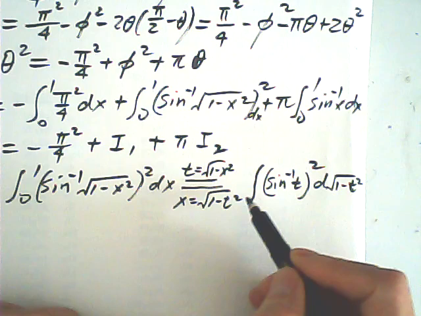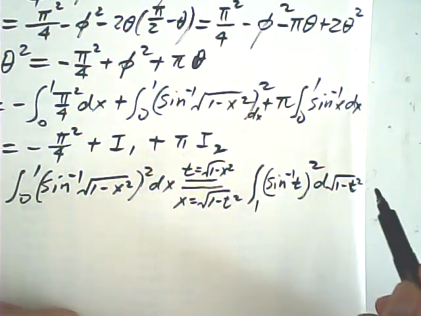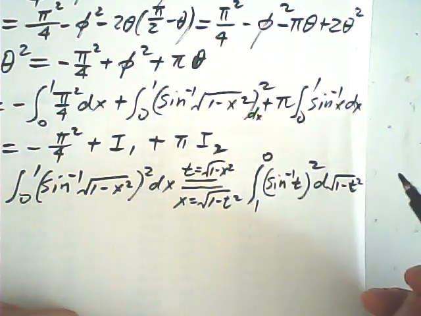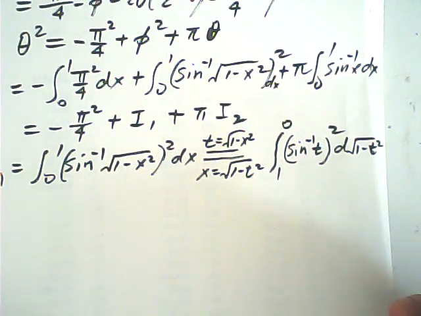When x equals 0, t is 1. When x equals 1, t is 0, right?